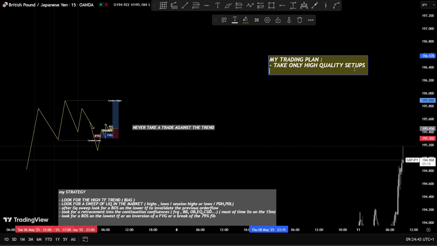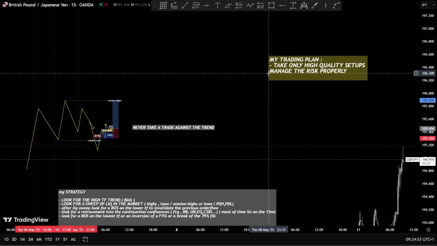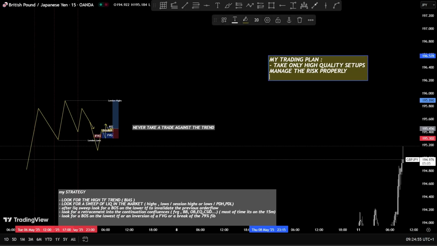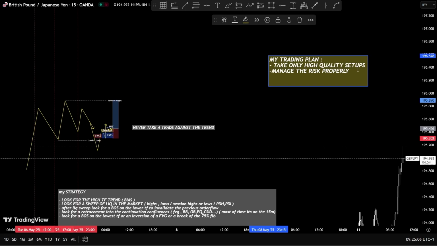Manage the risk properly. Always manage your risk. Never take a trade without calculating your risk. There are plenty of forex calculators. You can look it up on Google if you don't know how to calculate the risk.